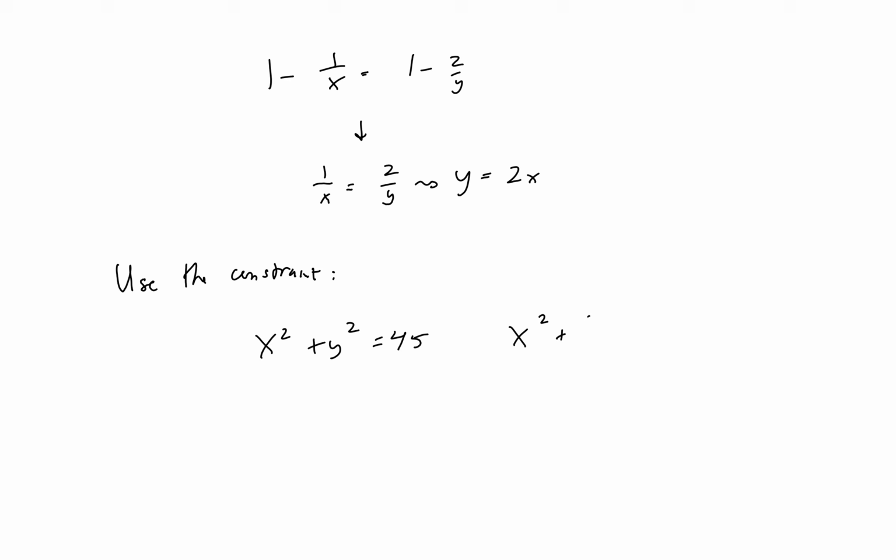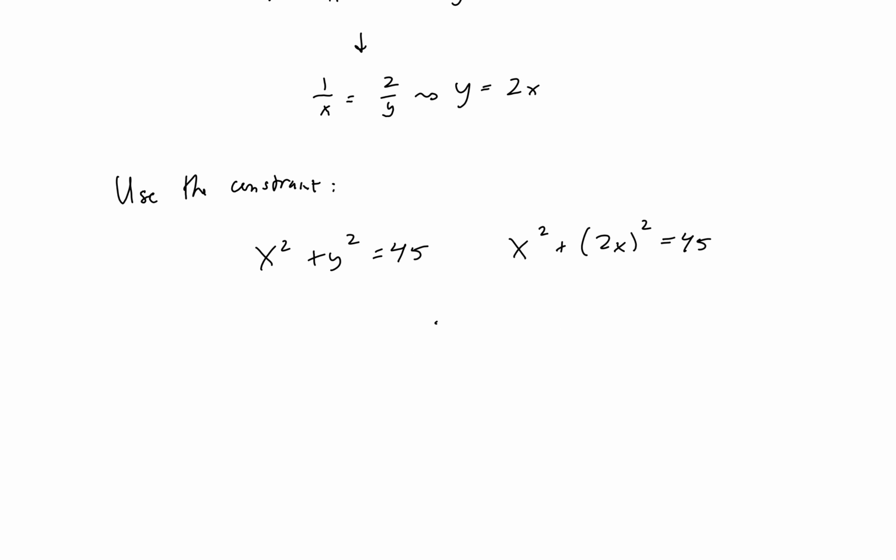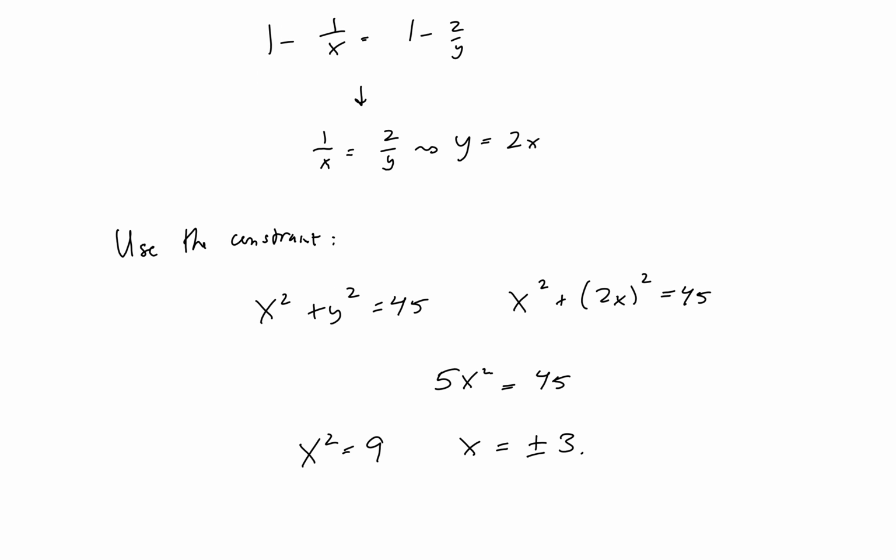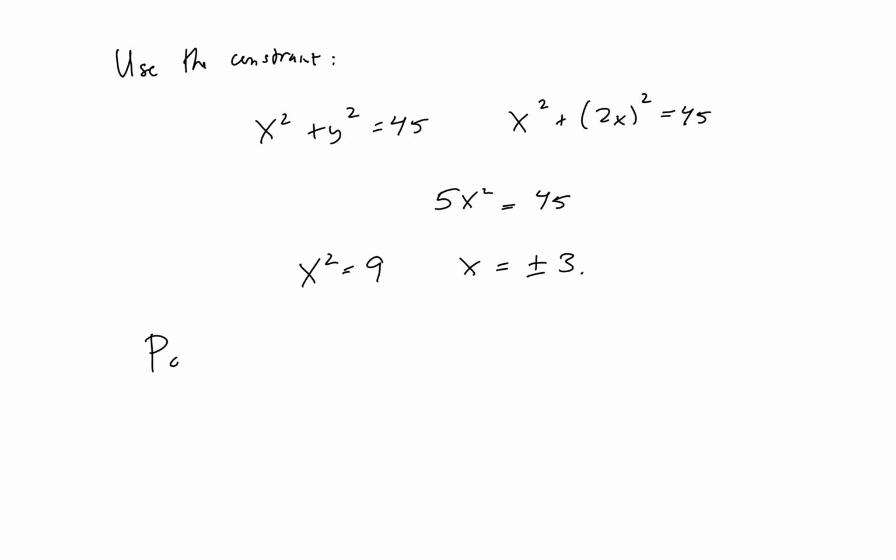This is x squared plus 4x squared, which is 5x squared, equal to 45, so x squared is equal to 9, so x is equal to plus or minus 3. And remember, y is equal to 2 times x, so our points to consider are (minus 3, minus 6) and (3, 6).